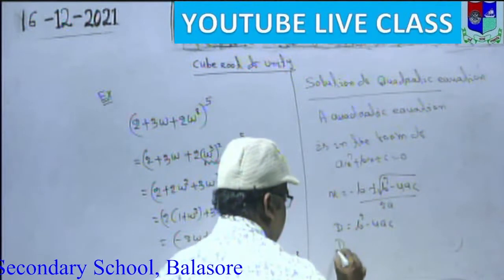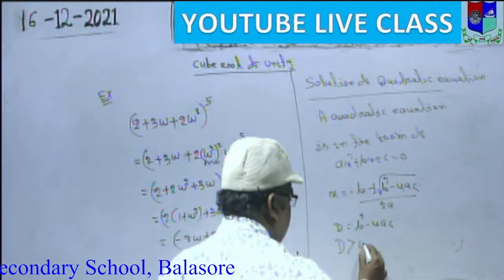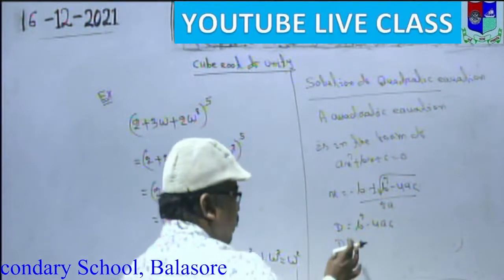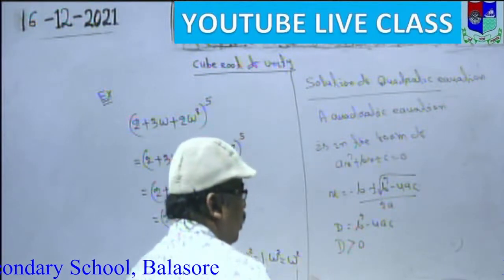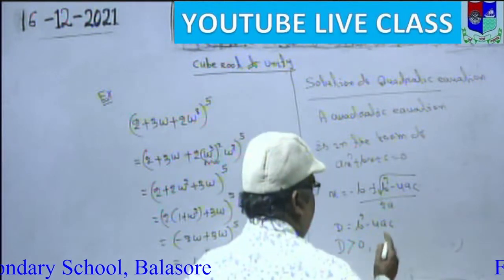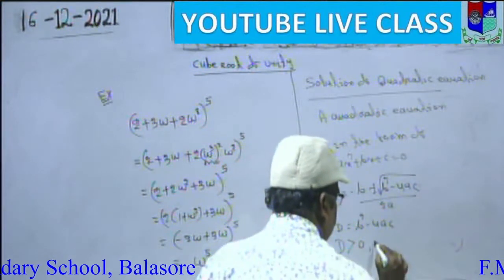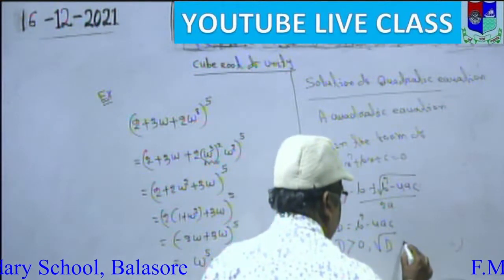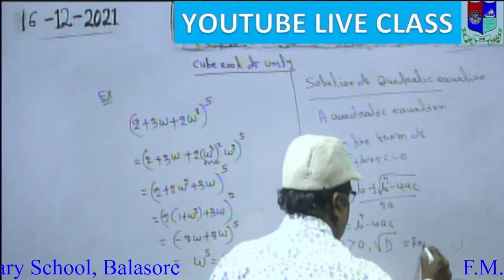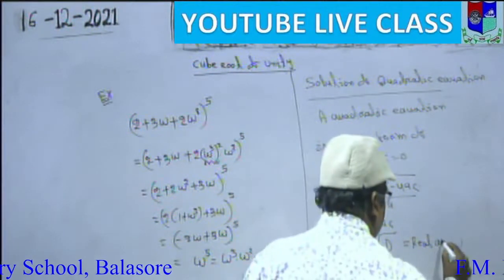So the nature of the roots depends on this discriminant. If D is a positive number, that means D greater than 0, then the square root of b square minus 4ac, that is root D, will be real.